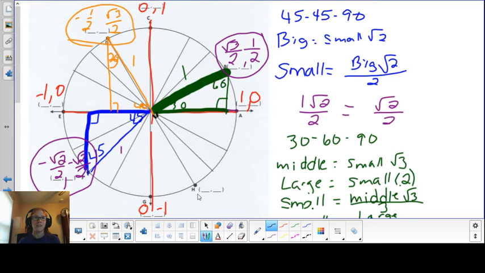Is it divisible by both? Since it's divisible by both, it's a 60. So it's going to be a half in the x spot and a root 3 over 2 in the y spot. Are they positive, negative, both? Well, my x is positive, so my 1/2 is going to be positive, but my y is negative. So it has to be a half, negative root 3 over 2.